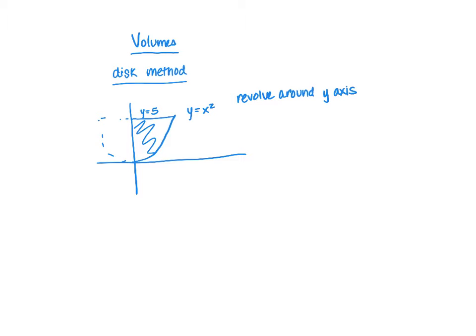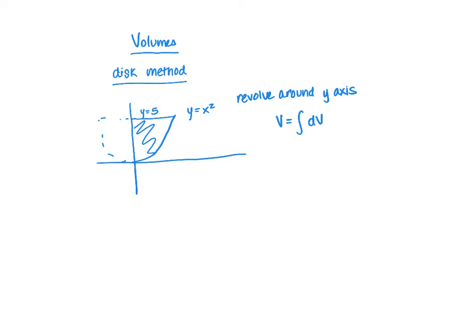So one way of finding the volume is to divide the shape into little discs, and each one of them has a volume of dV.